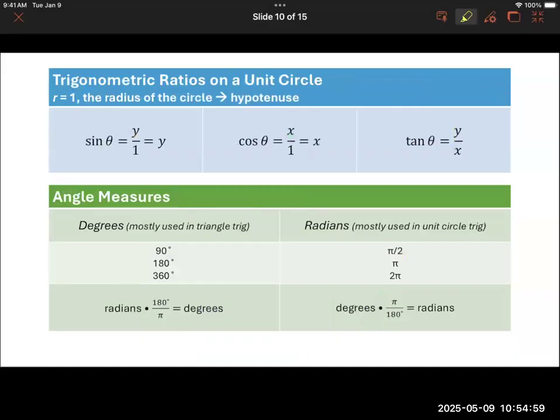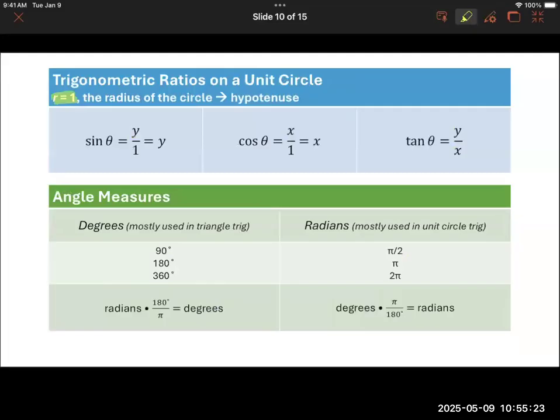All right, now taking that knowledge, we want to apply it to what we call the unit circle. In a unit circle, we specifically are saying our R, our radius, is going to be 1. So our hypotenuse is always going to be 1 in the unit circle.